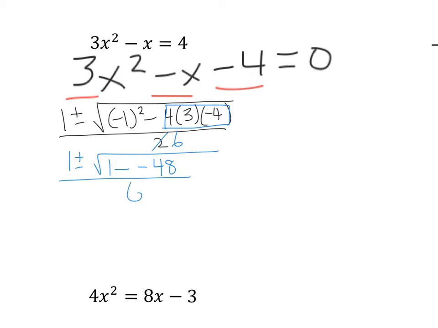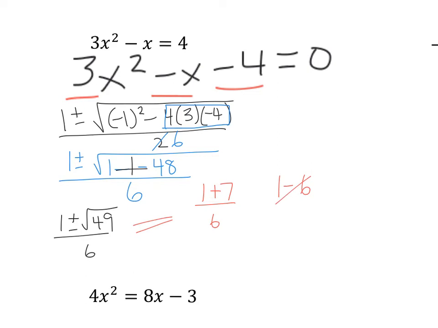all over 6. So now 1 minus negative 48 is 49. So it's 1 plus or minus the square root of 49 over 6. Square root of 49 is 7, so it's 1 plus 7 divided by 6, and 1 minus 7 divided by 6.